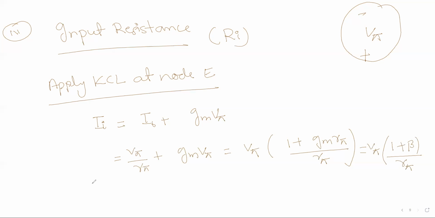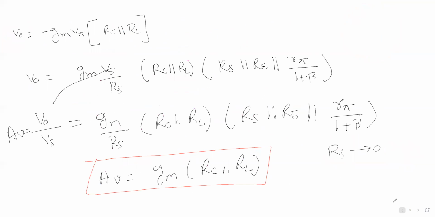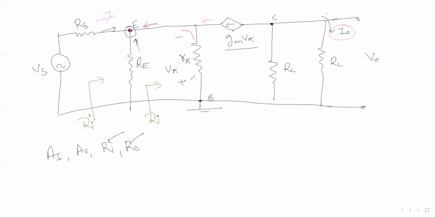Now tell me what is the Ri dash? Ri dash is equal to that voltage upon this current Ii.